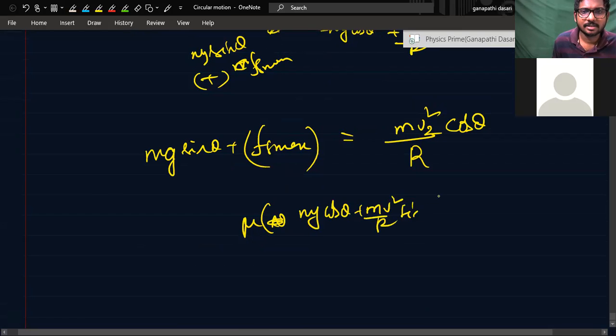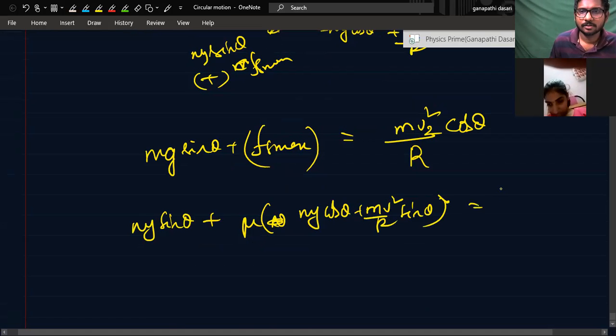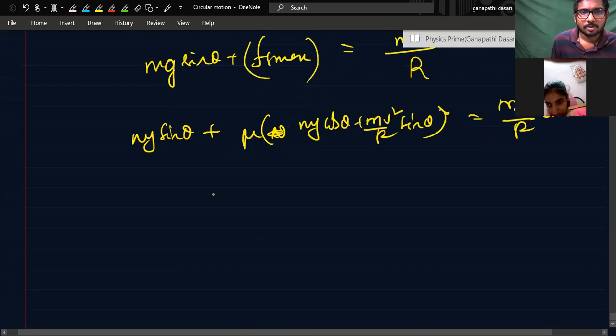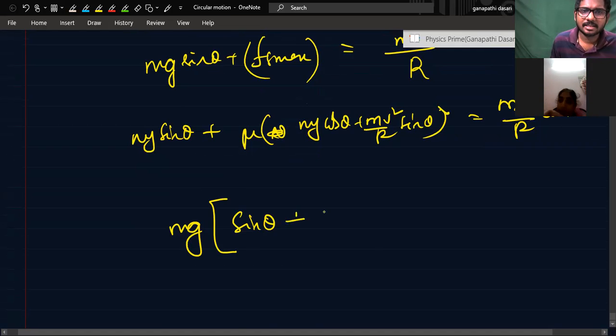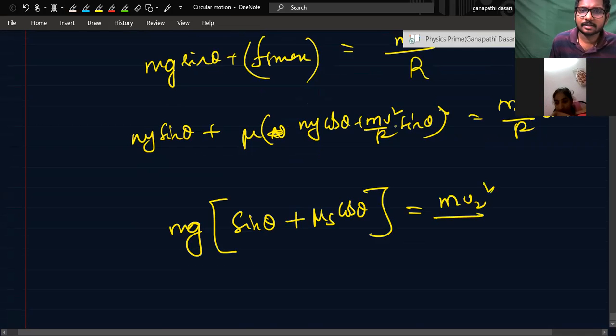Are you understanding this? So then I'll try to bring mg on one side. Taking mg on one side, sin theta plus mu s cos theta is equal to mv2 square by r into cos theta minus mu s sin theta.